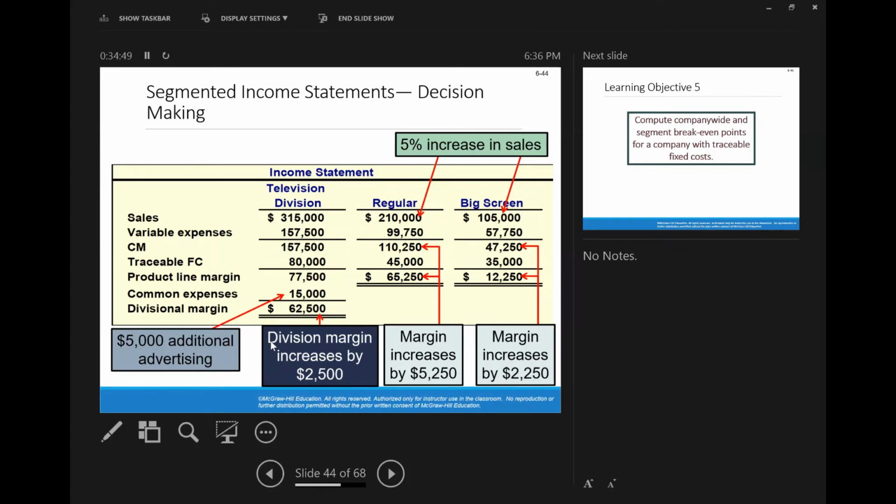Now we have 5,000 in additional advertising. So the division margin, instead of being, I think it was 60, is now 62,500. We made a couple of changes, and it's just showing how those changes can be broken out in the segments.